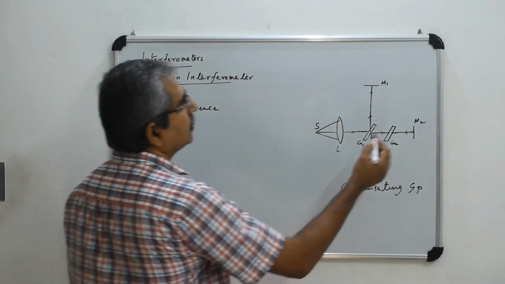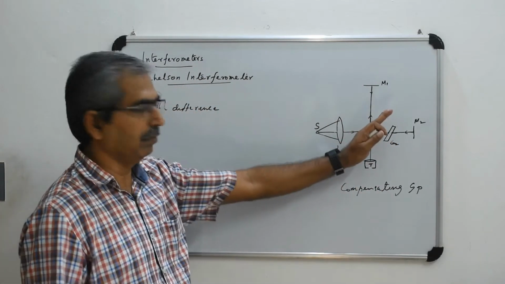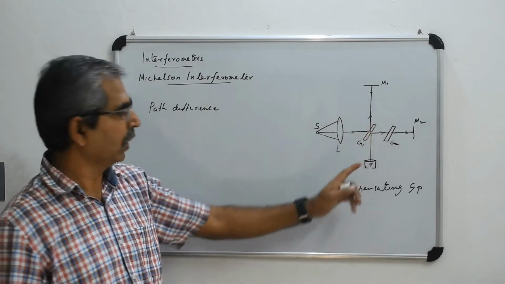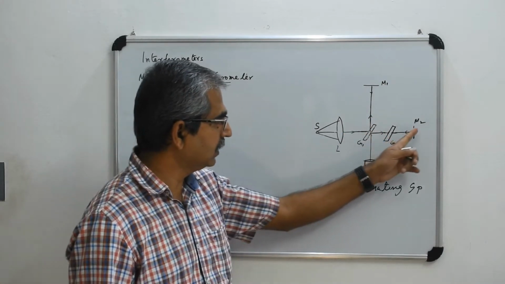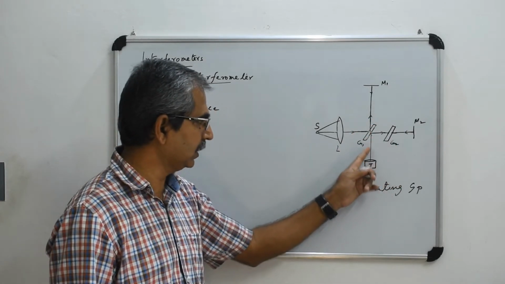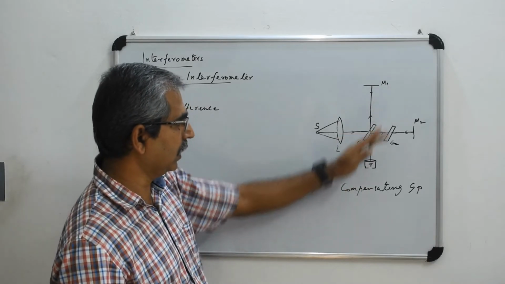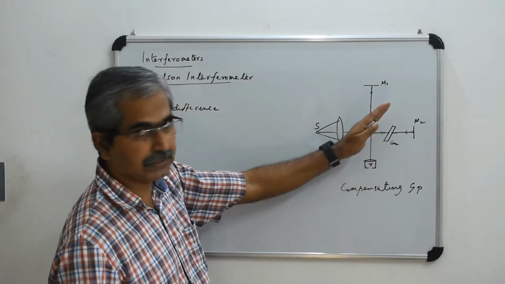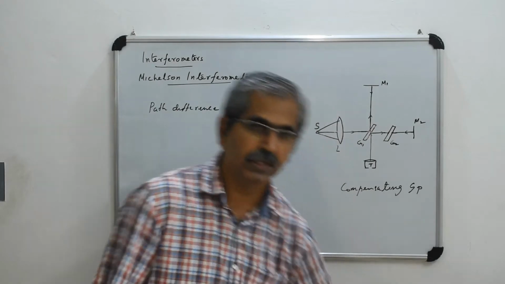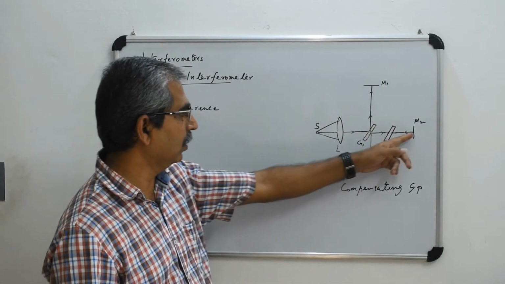Now, I told you this is a semi-silvered glass plate, and when looking from here you can see M2 because there is a reflection. That reflected light is what you are observing here. Since it is at 45 degrees, suppose a plain mirror is there, and you are looking at an object.